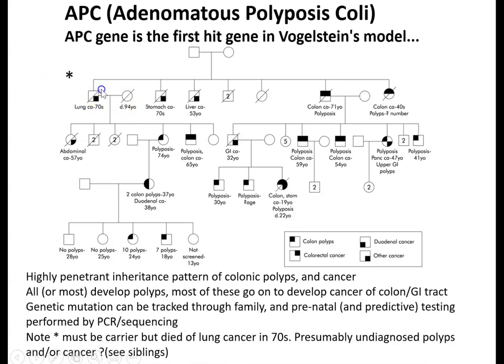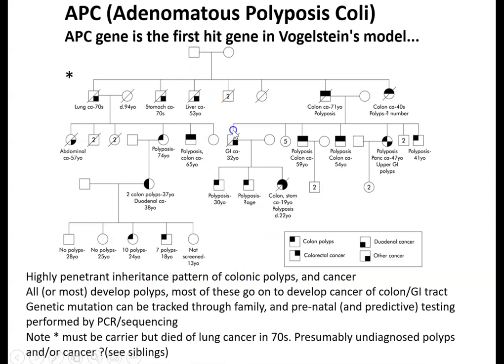So this patient could have had lots of colon polyps, you just wouldn't know because this was someone quite a long time ago. And with better screening, you can see that patients are getting diagnosed very early. So we'll start to screen adults for polyps in their colon if they have a family history of this particular disease. So in cancer genetics, in genetics in general, we use the term penetrance. Penetrance means how likely it is you're going to get the disease if you've got the mutation.